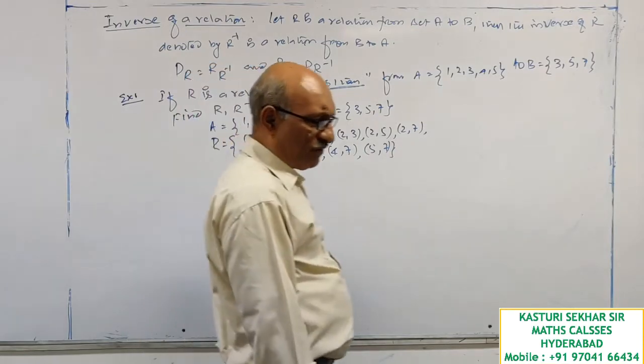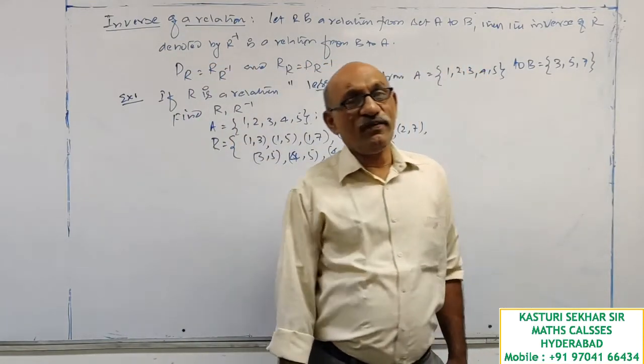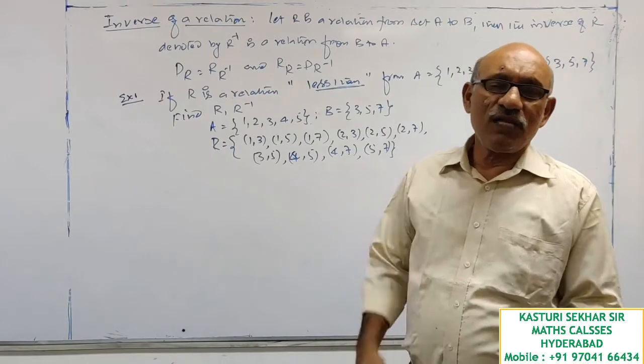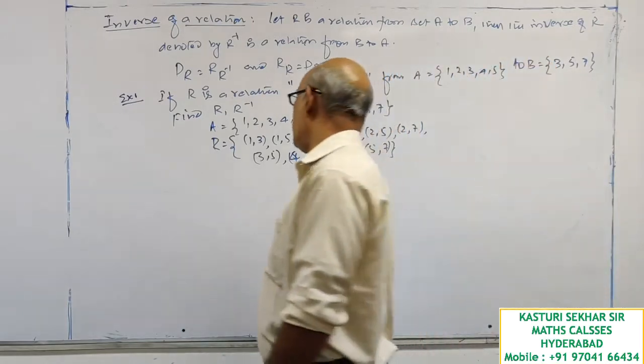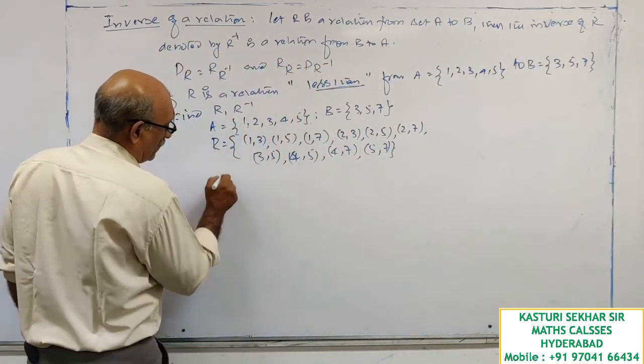This way the relation is defined. The first coordinate of each ordered pair should be less than the second coordinate. Now this is relation R.